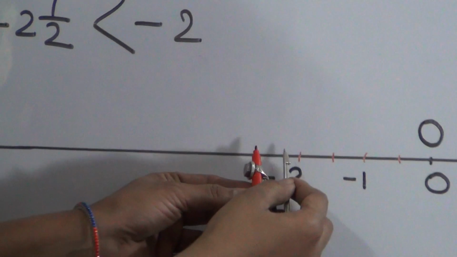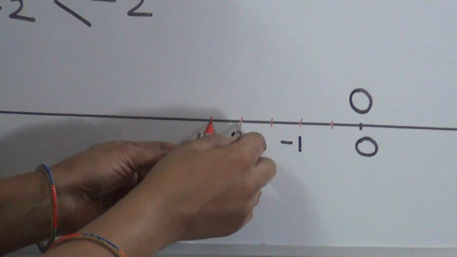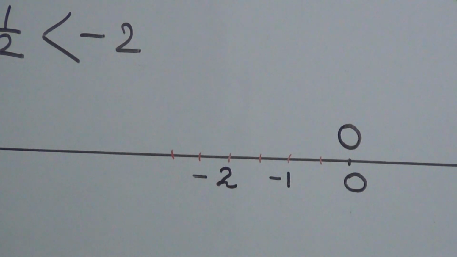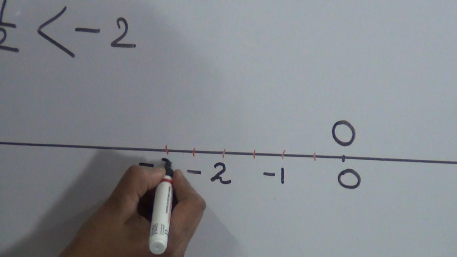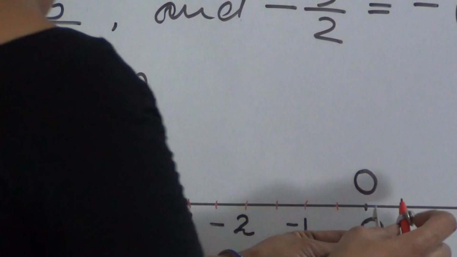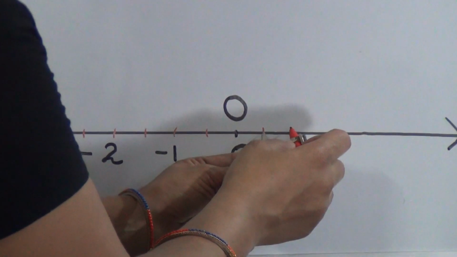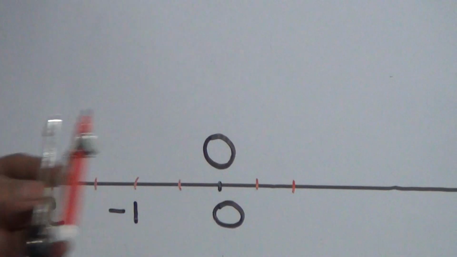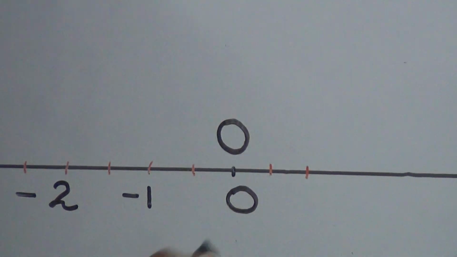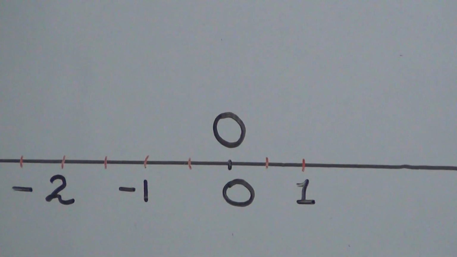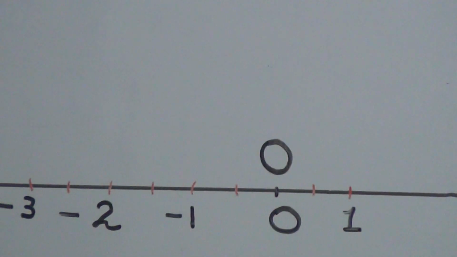Again 1, 2. This point will give us -3. Now if we want to mark on the right side with the same division, we will again put mark, and this has become 1. Now it is sufficient to plot our numbers.